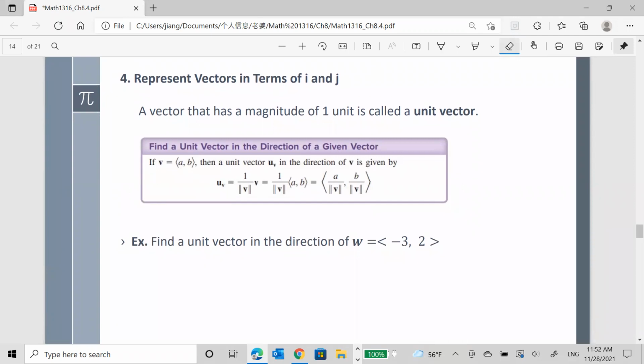A vector that has magnitude of 1 unit is called a unit vector. Here is the definition of unit vector. That means the magnitude of 1 unit is called unit vector. So if I have a vector V equals a, b, how to find the unit vector of V?